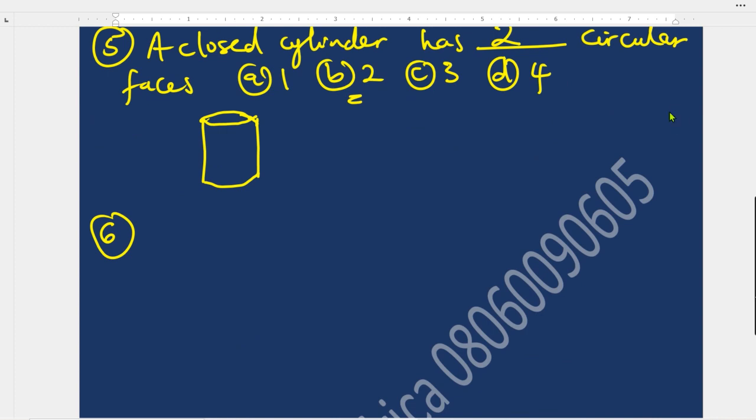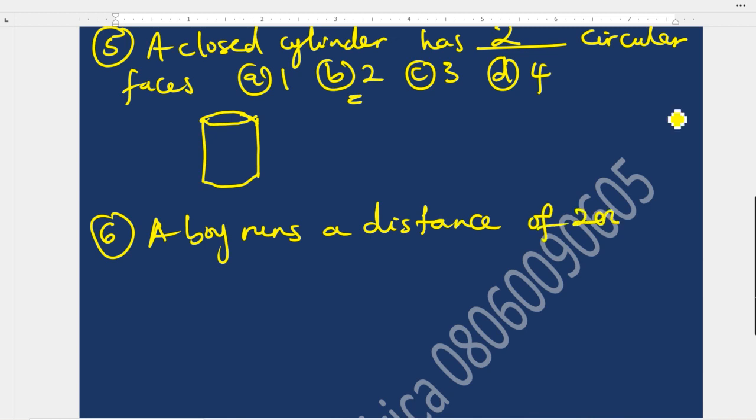Now one more question. A boy runs a distance of 200 meters in 25 seconds.